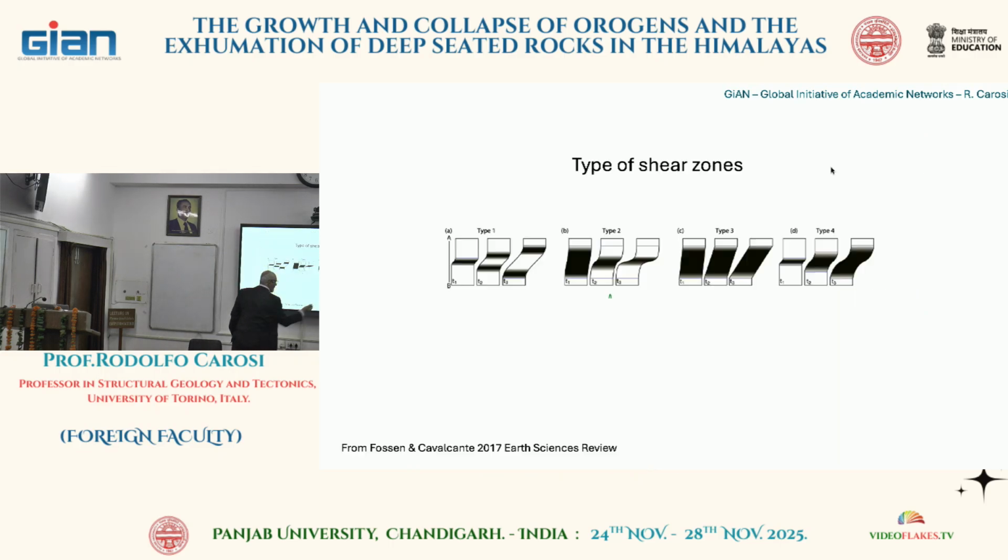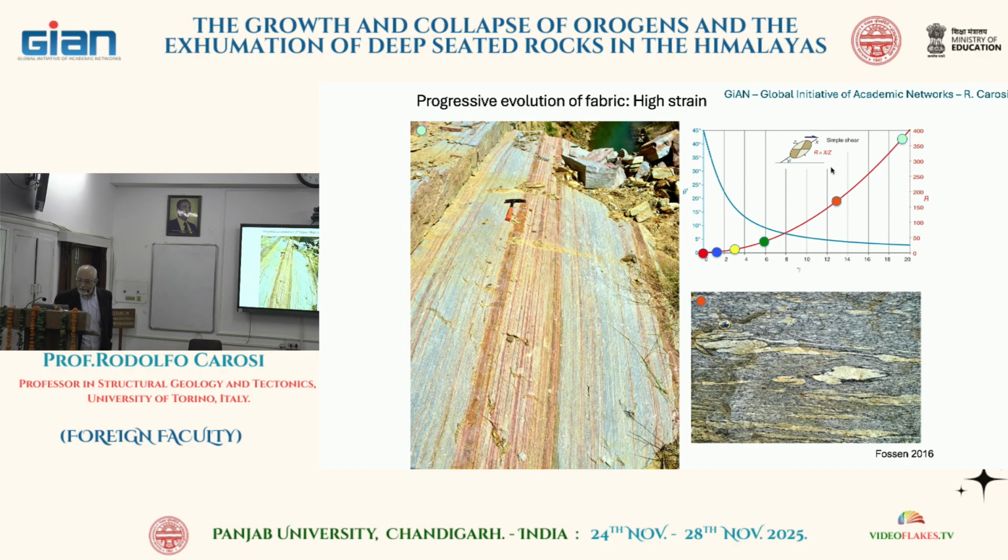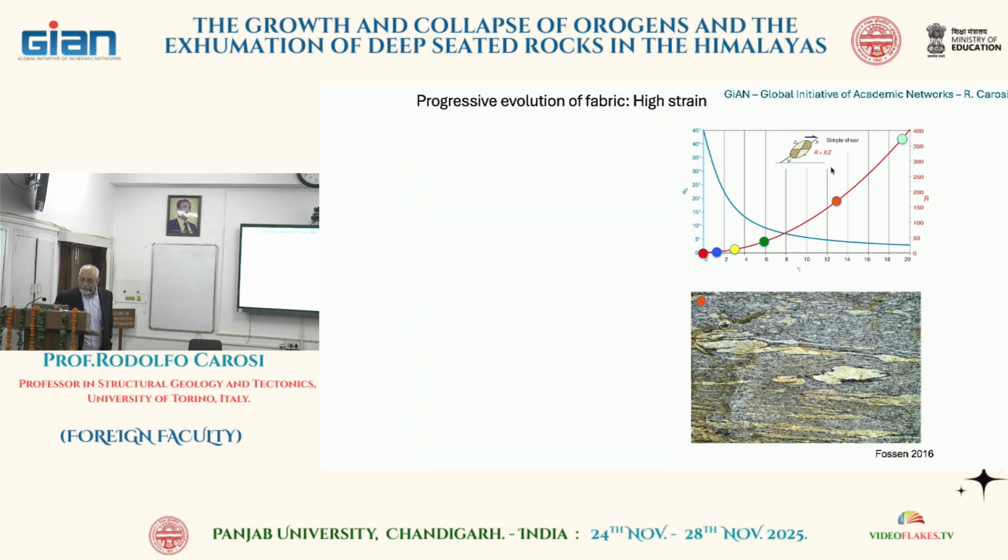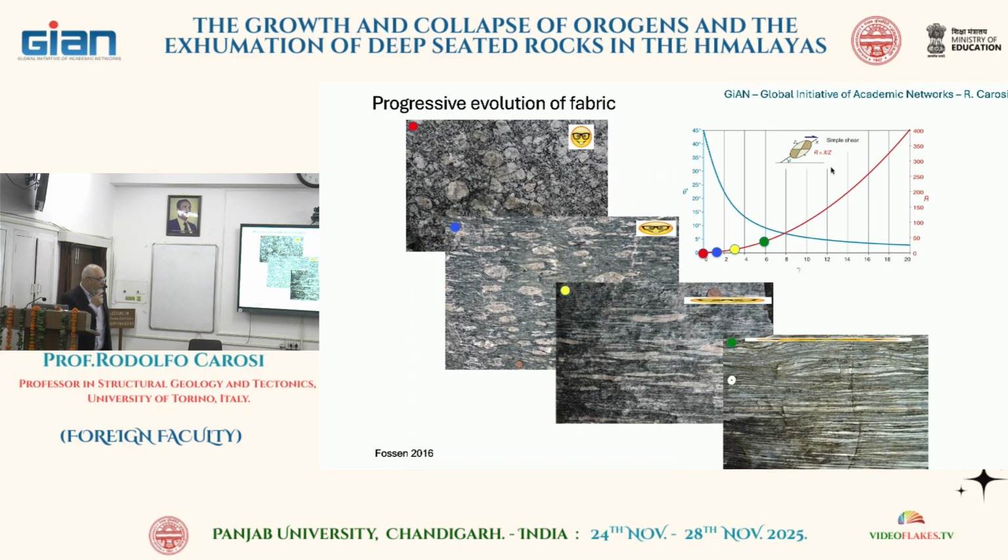Maybe this kind of rocks contain some melts. So the fabric is totally changed. So this is what happens when the deformation increases and fault rocks and magmatic rocks develop in a shear zone.